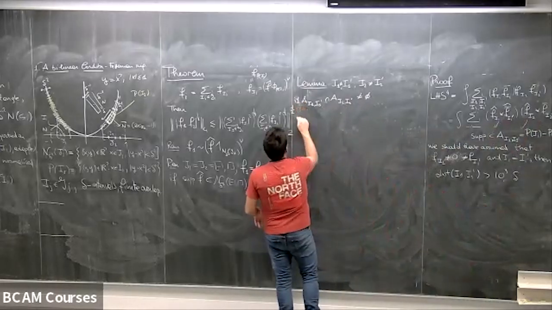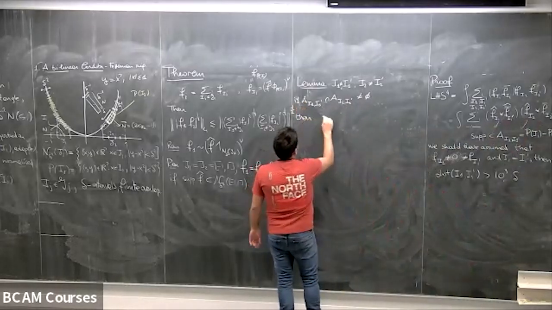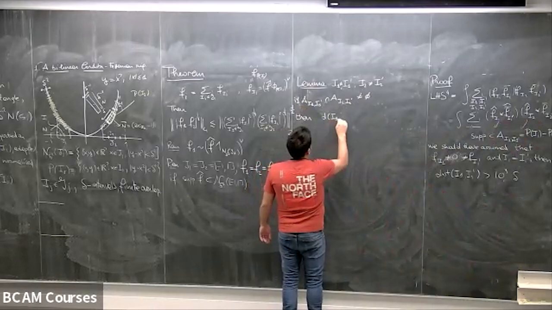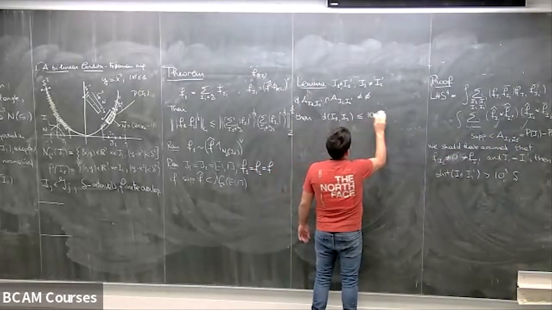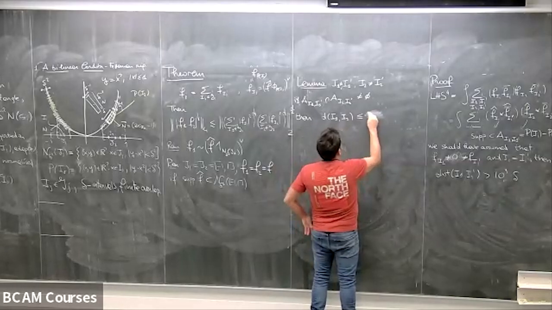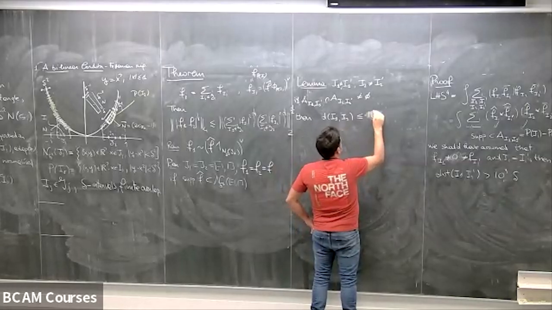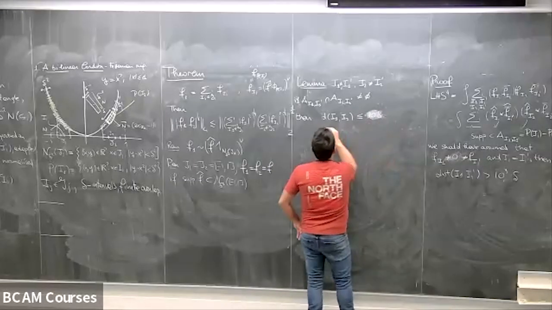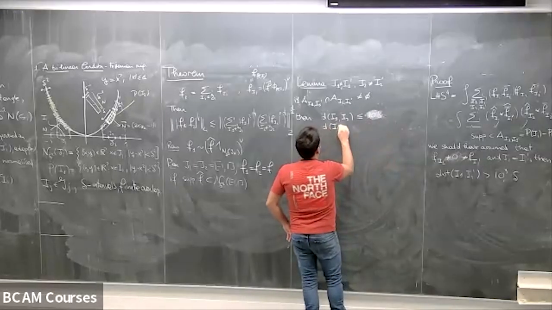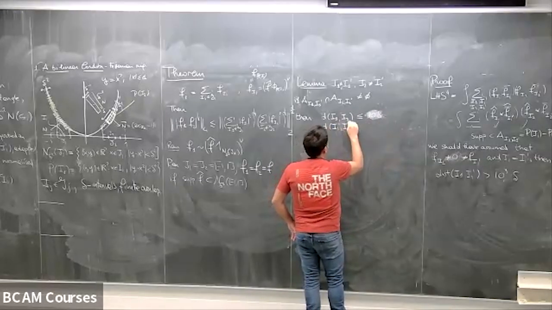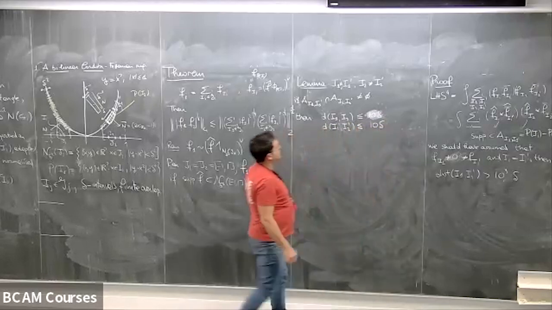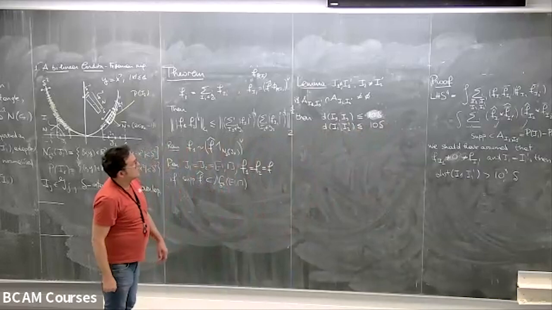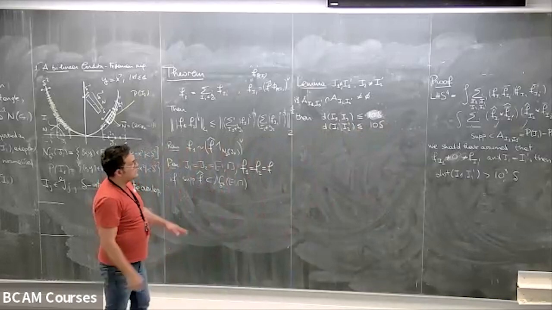Then the distance between I1 and I2 is less than or equal to 10 delta, and the same for the distance between I1 prime and I2 prime.